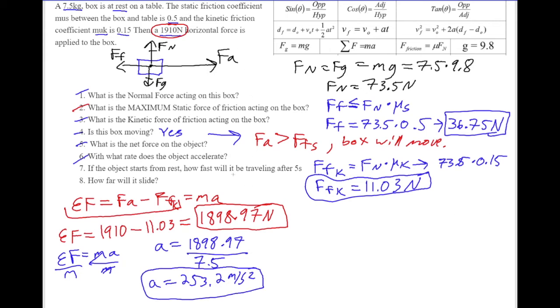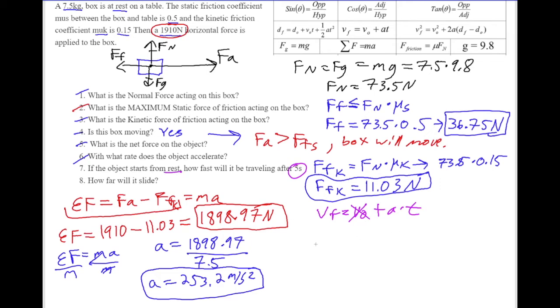Number 7, if the object starts from rest, how fast will it be traveling after 5 seconds? Sounds like a job for kinematics. So we're going to go ahead and figure that out. And to do that, we're going to use little pup. So little pup says VF equals VO plus A times T. The T is right here in the problem, 5 seconds. The VO is 0 because the object initially starts at rest.